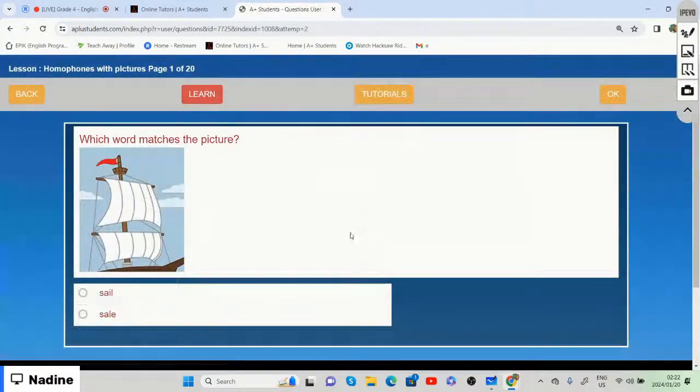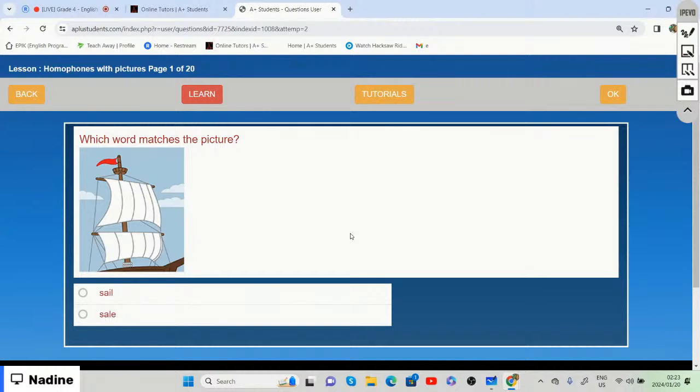Okay, so we're going to look at this picture right now, and then we're going to write down the correct word that matches the picture. So which word matches the picture? This word is sail, like on a boat or ship, you're going to sail to wherever. But now, which word is the correct word to use?